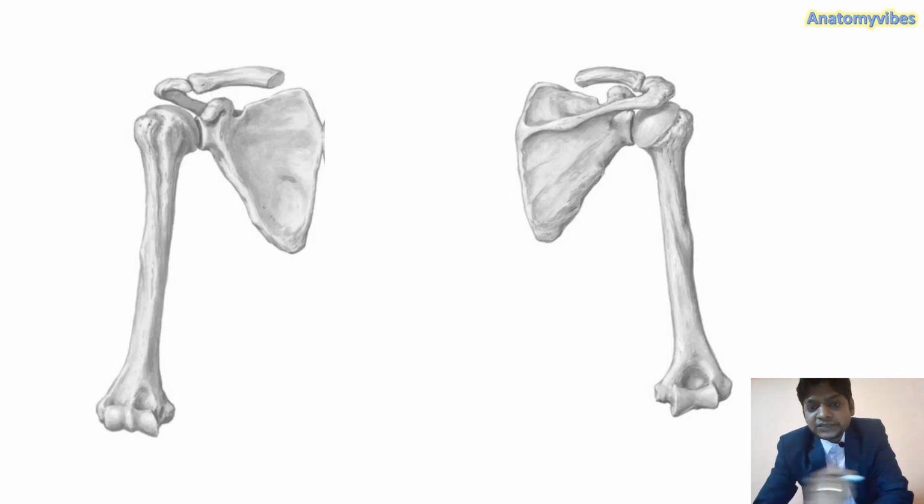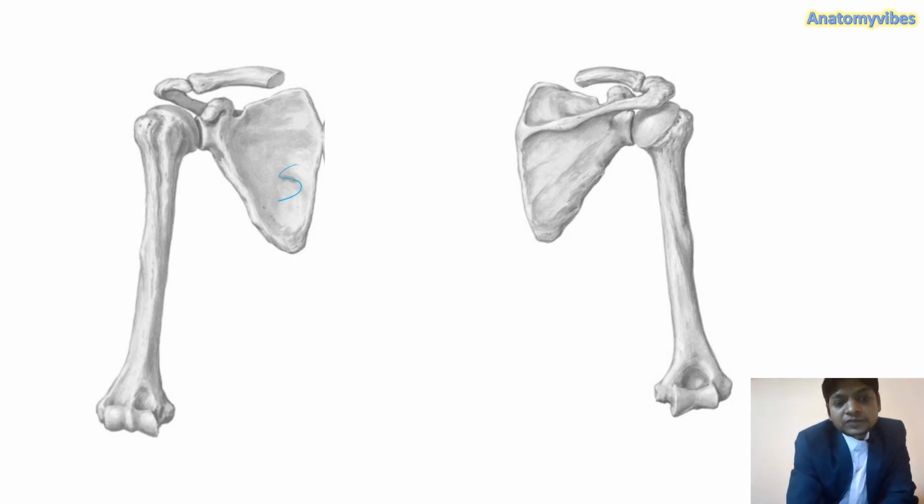Now here you can see the clavicle along with other bone articulation. So this is scapula, this is humerus, clavicle. You can see here clavicle is forming joint with acromial process, that is acromioclavicular joint.